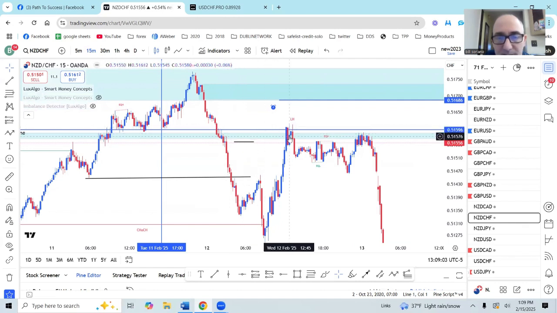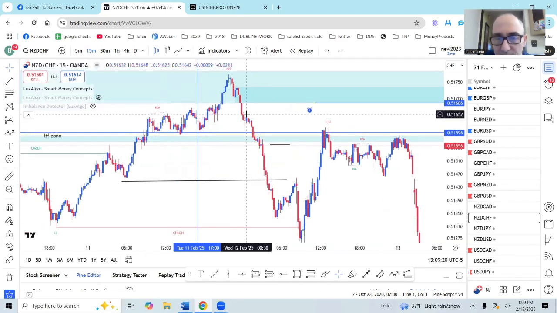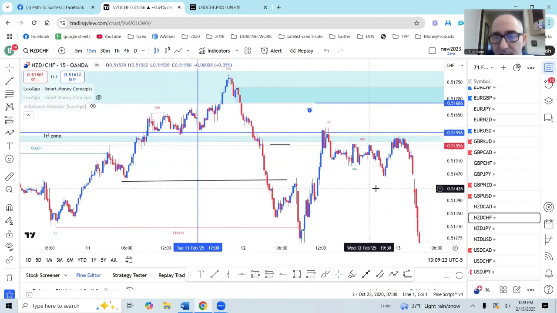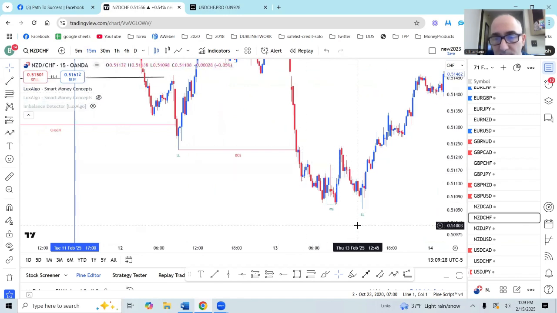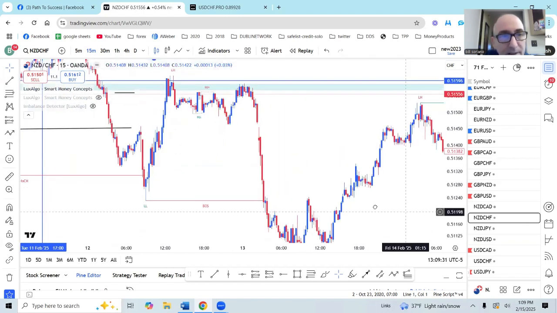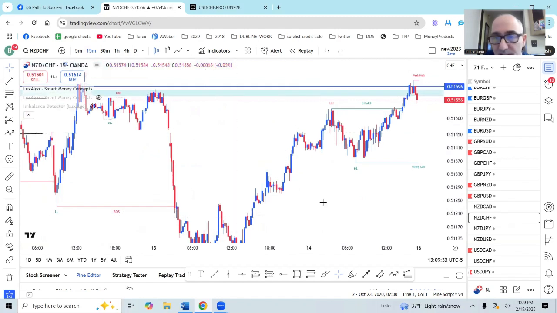And what happened was these wicks came right up and stopped me out of the trade for a loss.